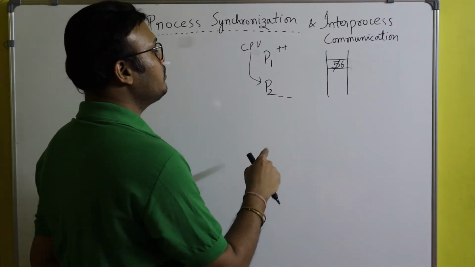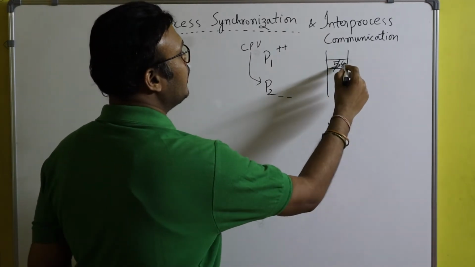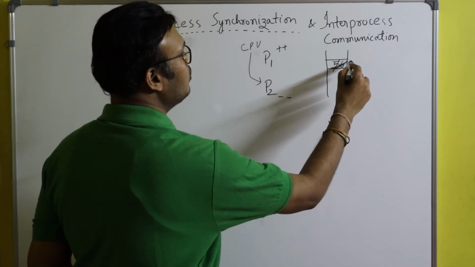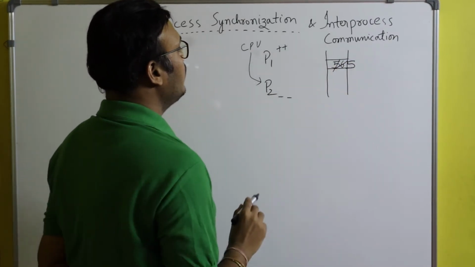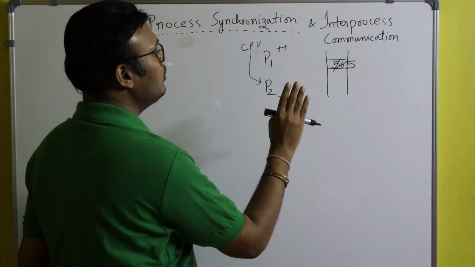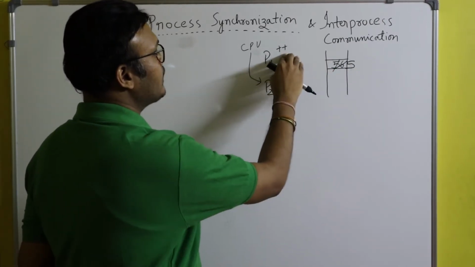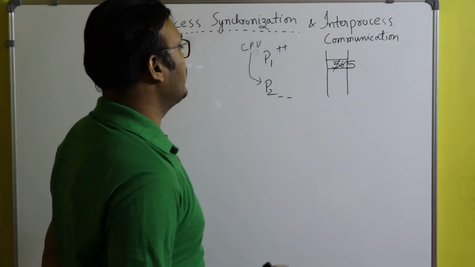Then, since it's a decrement operator, process P2 will decrement the value 6 to 5 again. Now the value has finally become 5, and both tasks have successfully completed their operation.